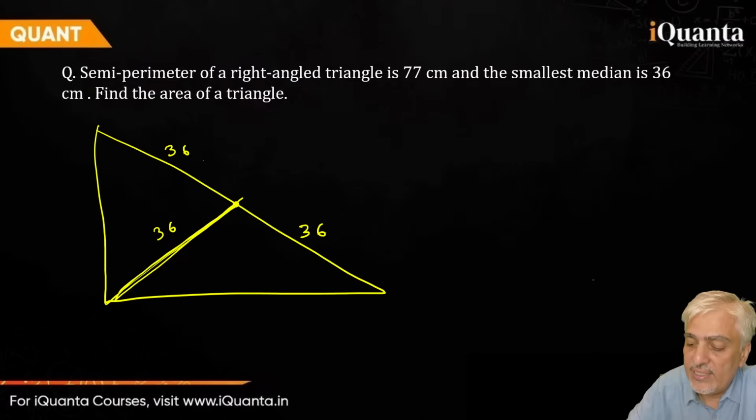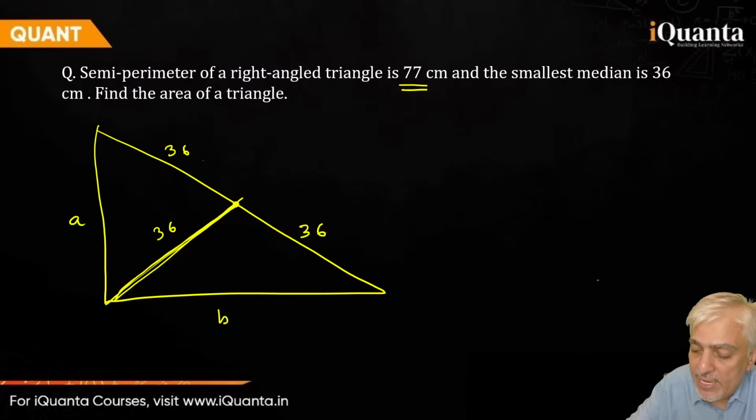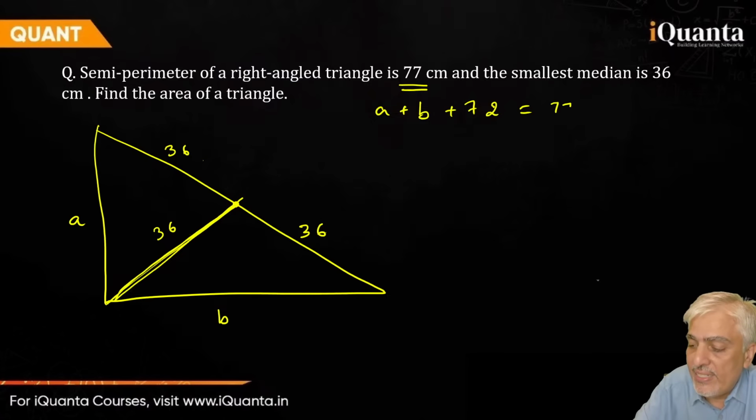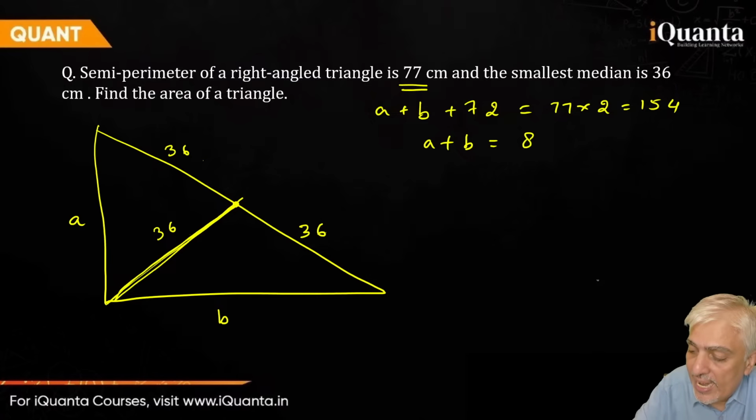So this is 36, 36, 36. So perimeter was 77. Let's call these two sides as A and B. So semi perimeter was 77. So A plus B plus 72 is 77 twos are 154. So A plus B is 82.